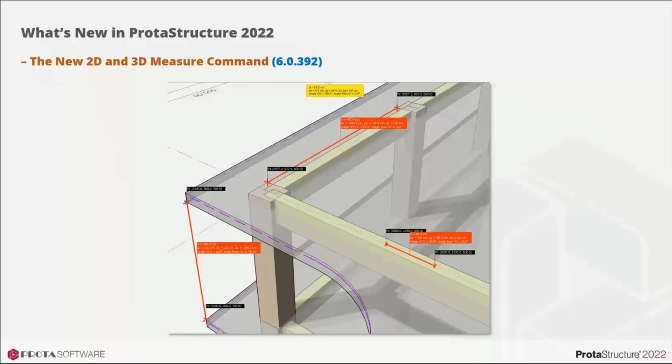So the measure command now works in 3D and 2D with a lot of object snap functionalities. So you can measure the distances between any points on the screen practically, and the result will be reported on the screen. It will persist on the screen until you cancel the measure command, and it will also be reported in the yellow box at the top of the screen.